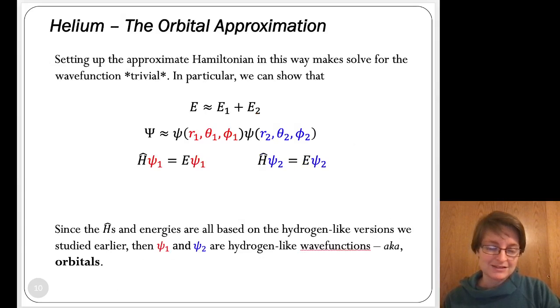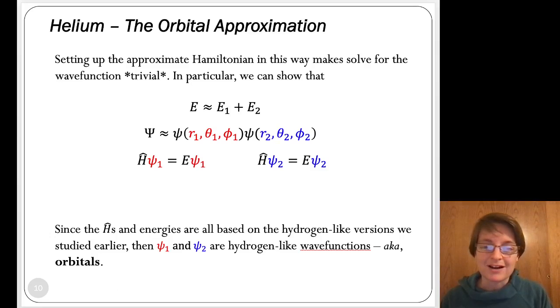And that is that with this approximate Hamiltonian, we've seen an analog of this before in our particle in a box model, where we saw that when we had a Hamiltonian that was a sum of the x-coordinate, the y-coordinate, and the z-coordinate, the wave functions were a product of the one-dimensional wave functions, and the energies were a sum of the one-dimensional energies.